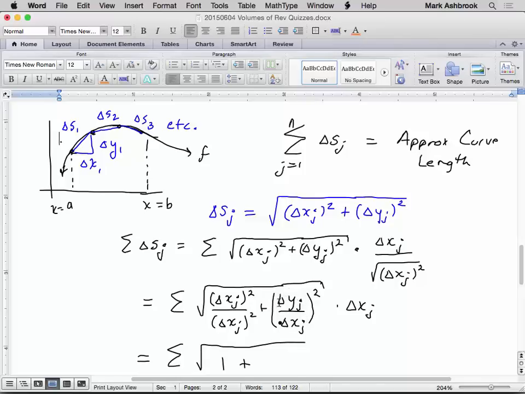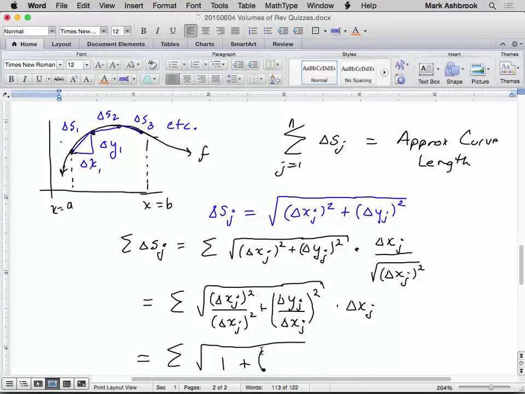Okay. So as delta x gets very small, that is, yes, that's the derivative. That's the derivative of y with respect to x. Some are saying tangent. Yeah, that's the derivative.